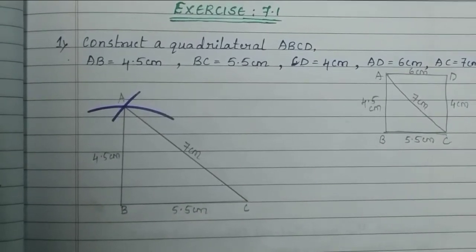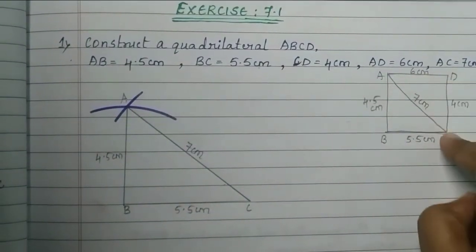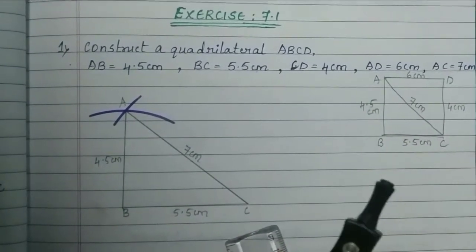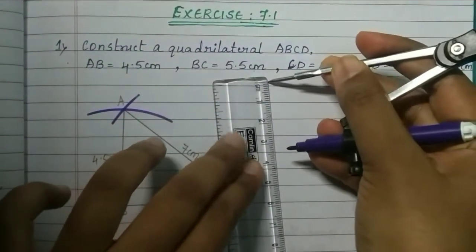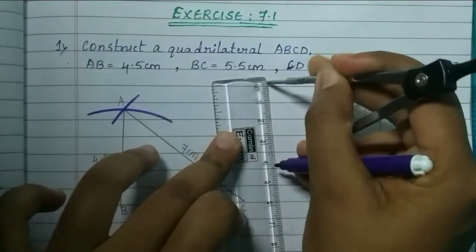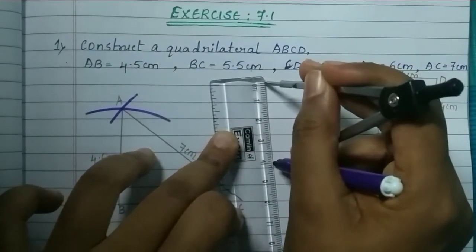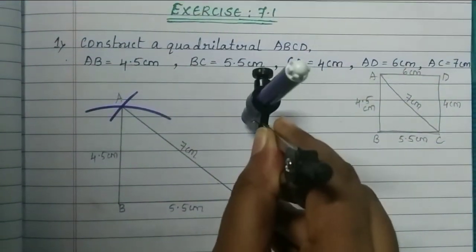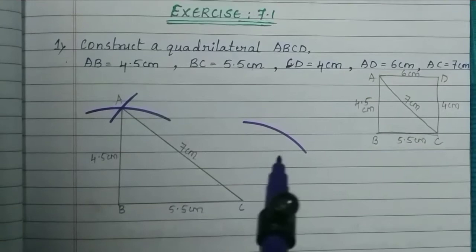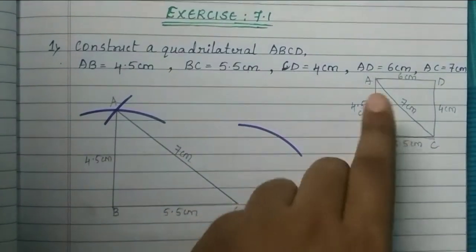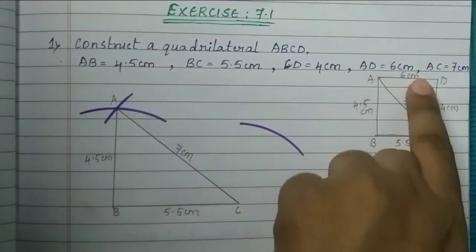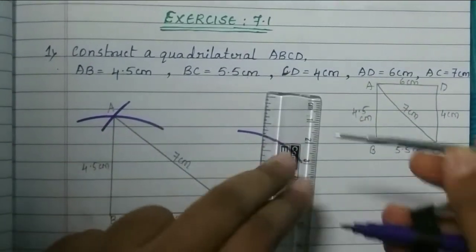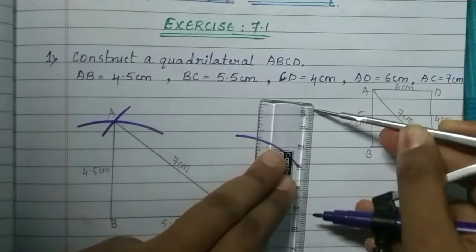So see this CD, we are having CD as 4 centimeter. Again take an arc of 4 centimeter. So from C we have to take 4 centimeter, just an arc. Then again we are having AD as 6 centimeter. Again keeping at point A we have to take 6 centimeter. Just take the measurement of 6 centimeter again.